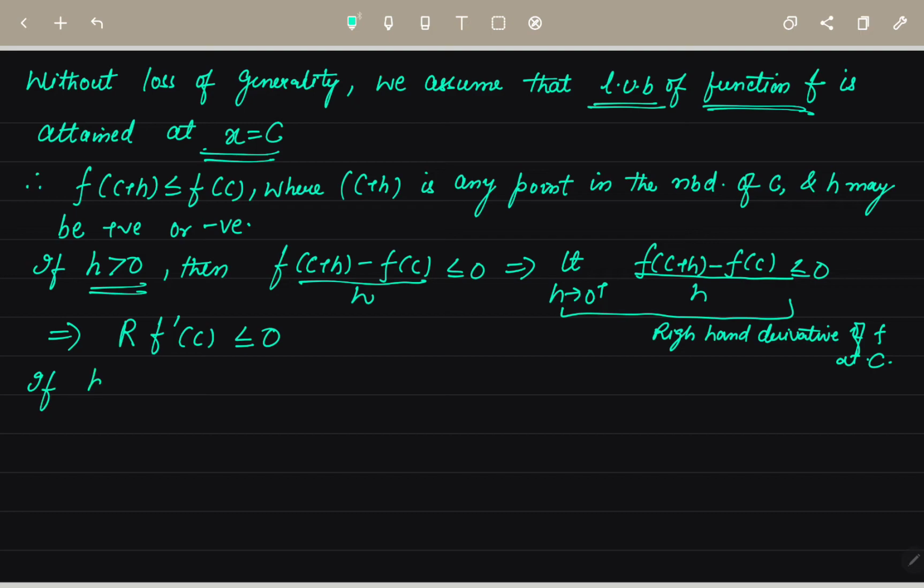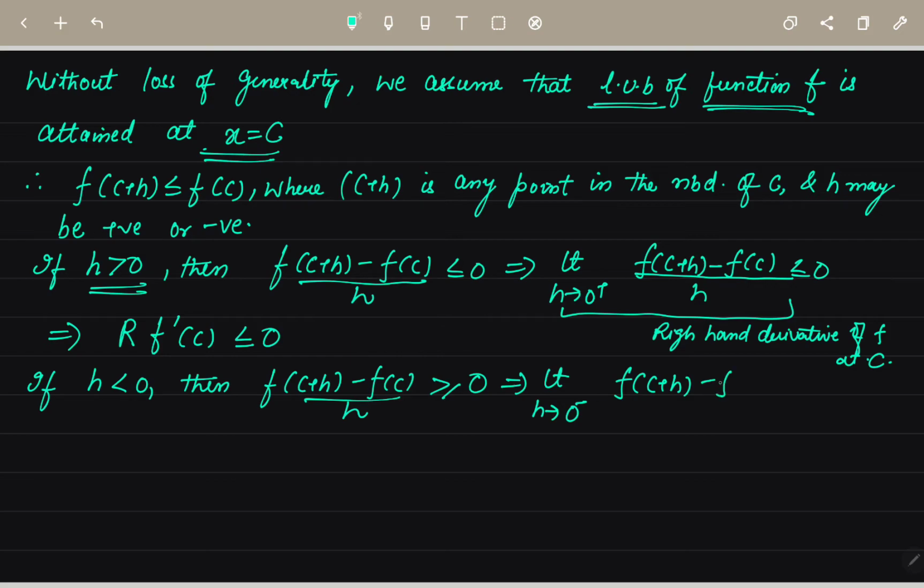So if h is less than 0, then what happens? Then (f(c+h) minus f(c)) divided by h will now be greater than 0. So this implies limit h tends to 0 negative of (f(c+h) minus f(c)) divided by h, and this whole term is greater than or equal to 0.